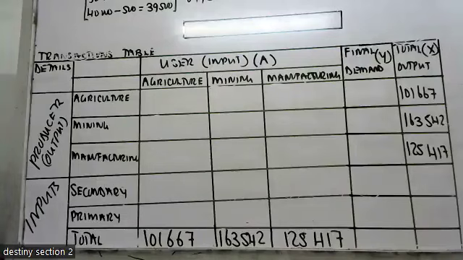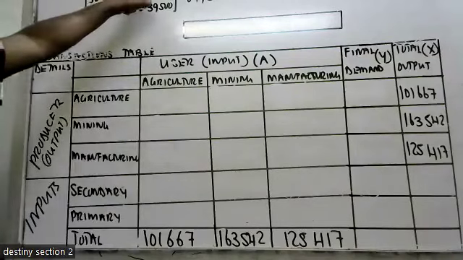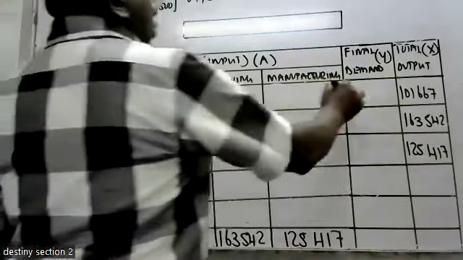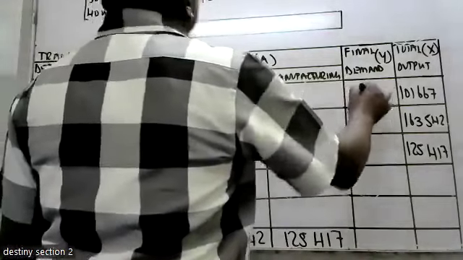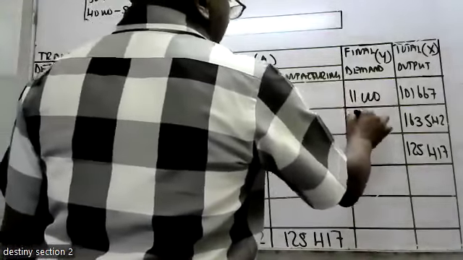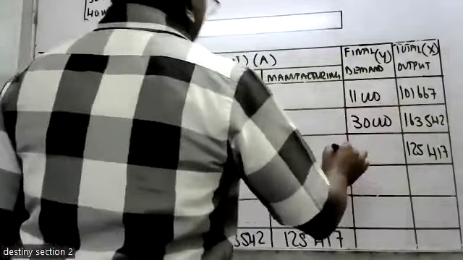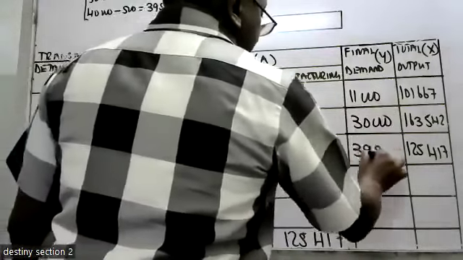The final demand is the one that we had revised: here 11,000, this one 30,000, and this was 39,500.